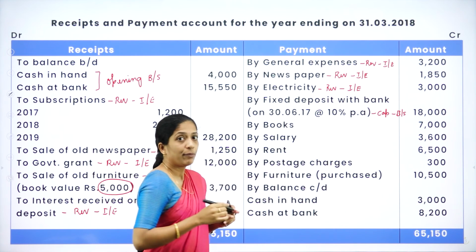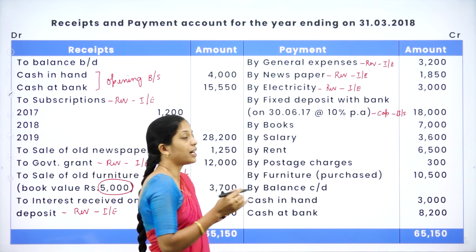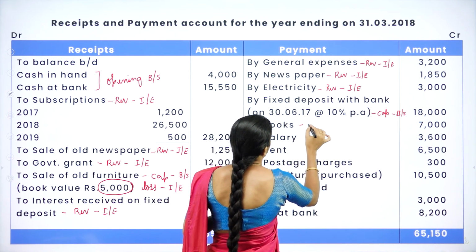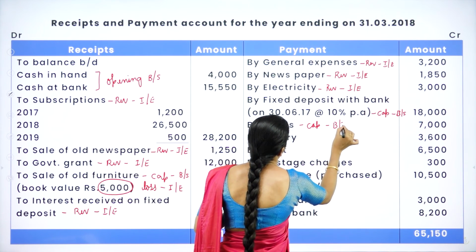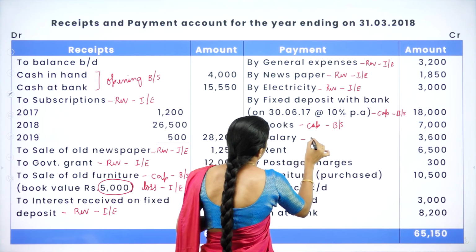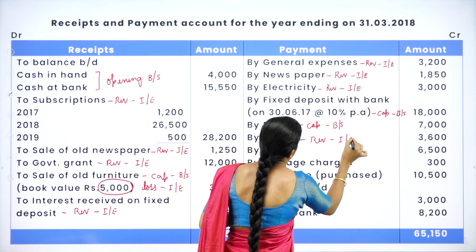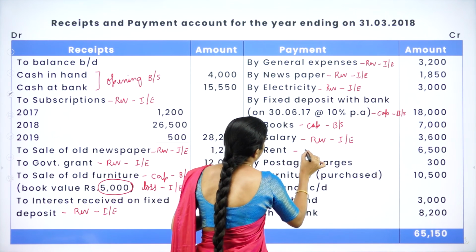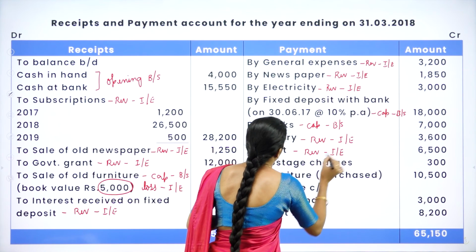Next, books. Since books is also an asset, it is a capital item, and it comes under the balance sheet. Next, salary, it is a revenue item, it comes under the income and expenditure account. Next, rent is also a revenue item, it comes under the income and expenditure account.